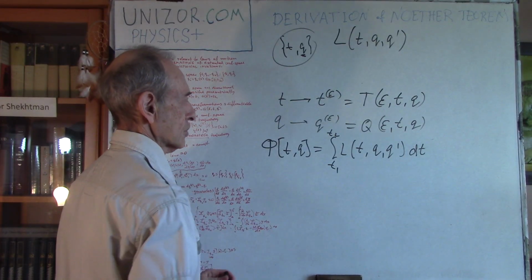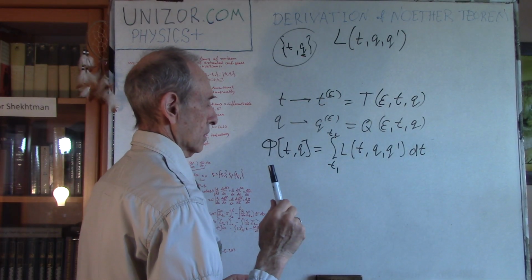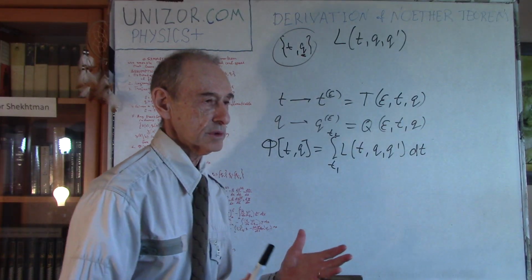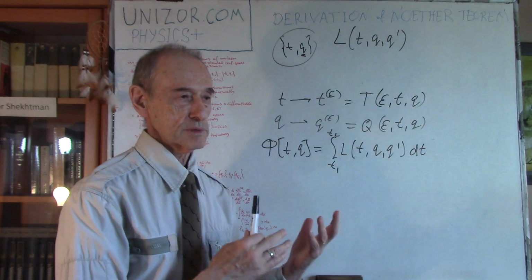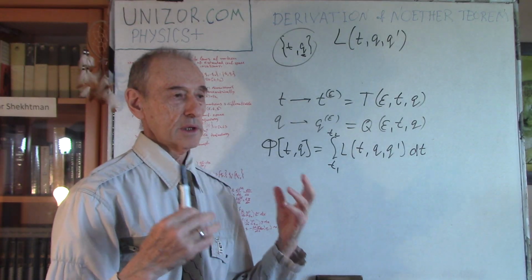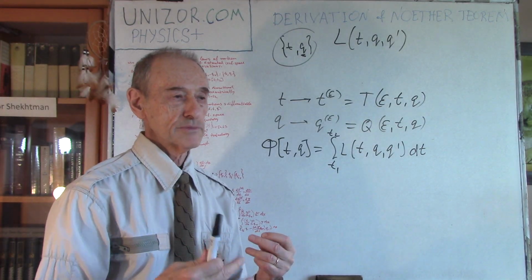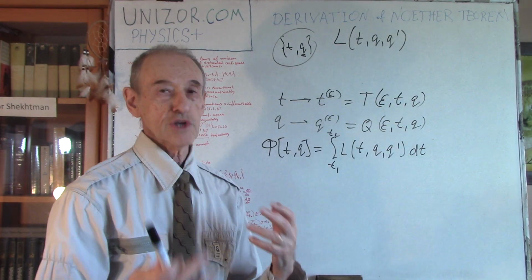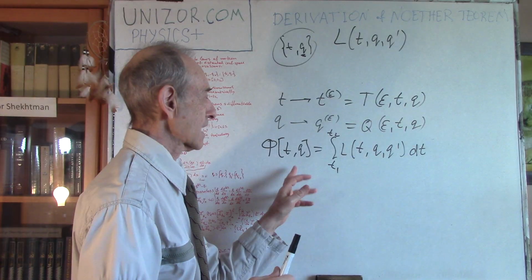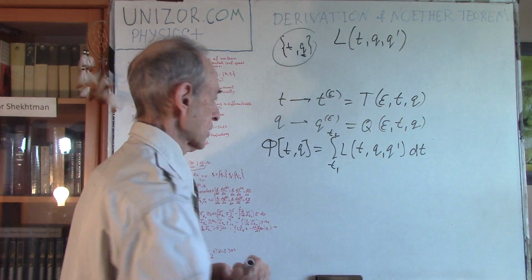So this is the Lagrangian. Now, what's important, and again we were talking about this before, is that the Lagrangian gives you certain trajectories. These trajectories are stationary points of this functional.